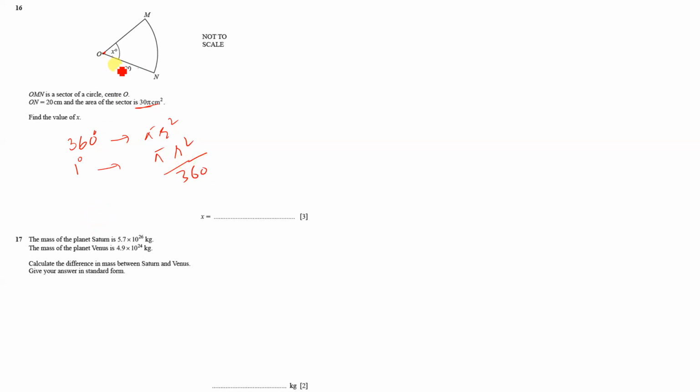So if the angle subtended by the sector is x degrees, the area would be x times pi r squared over 360. Now r here is 20, so the equation becomes x times pi times 20 times 20 divided by 360 is equal to 30 pi.